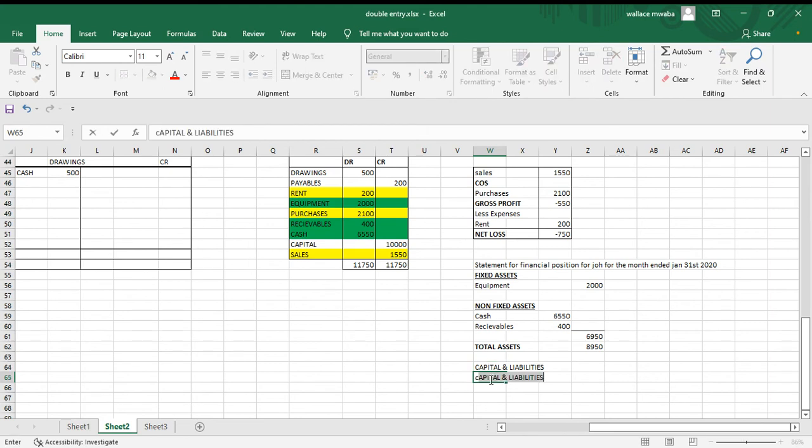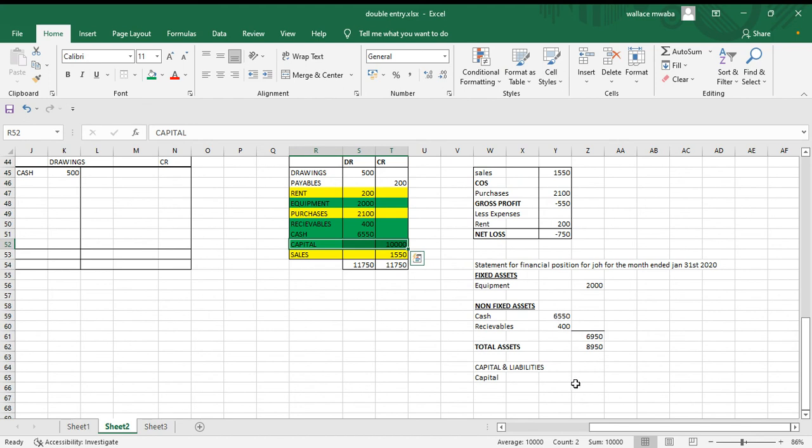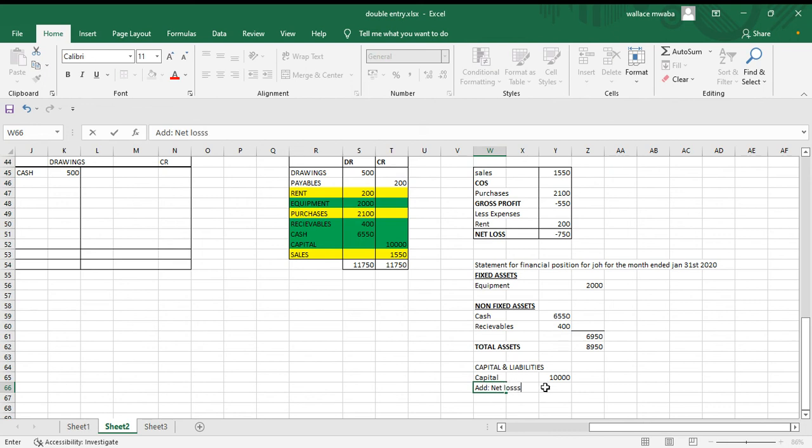So we have capital here, capital 10,000. And net loss. We put in brackets 750.